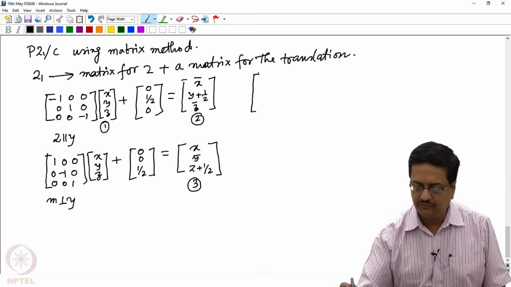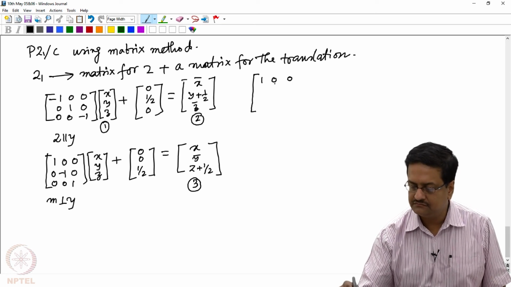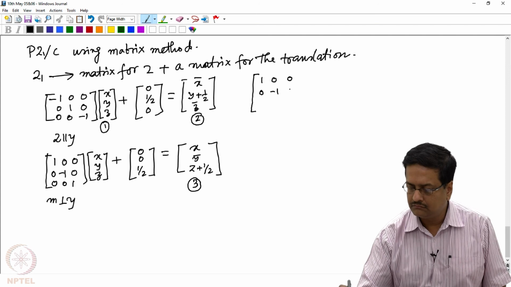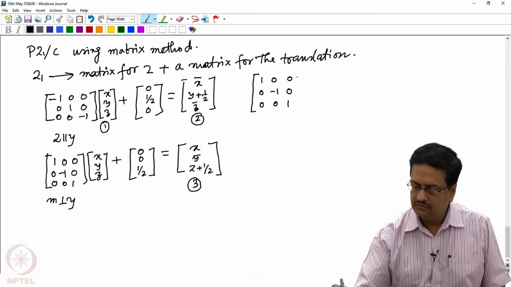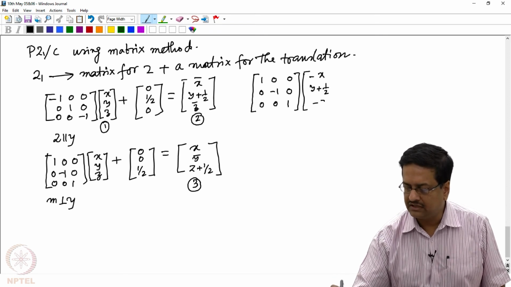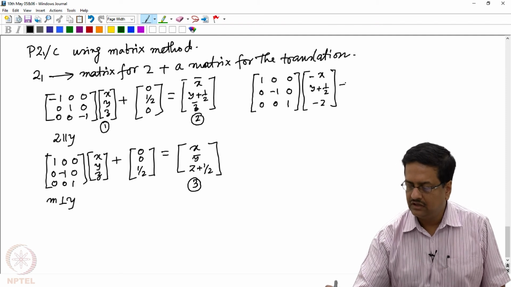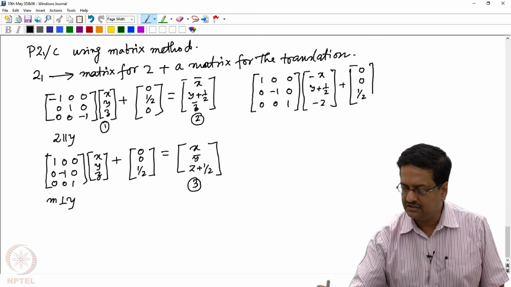So C glide once again means that it is a matrix for a mirror. And then I have the points which are minus x, y plus half, minus z, and then we apply the translational component 0, 0, half because it is a C glide.